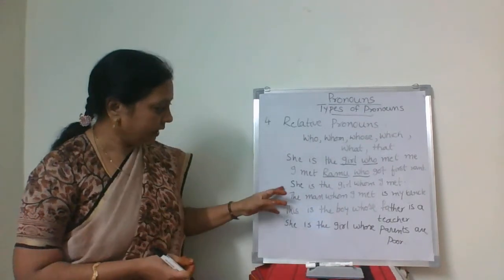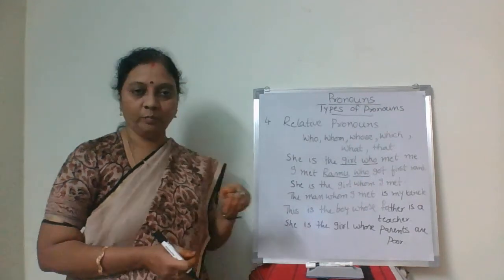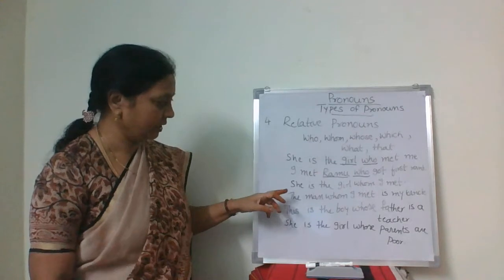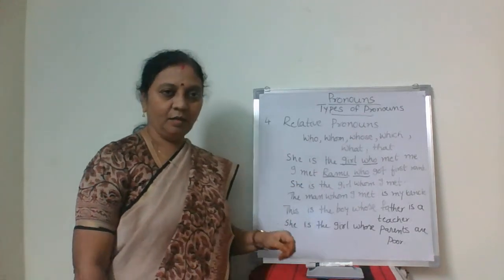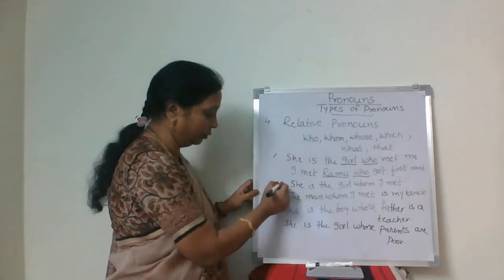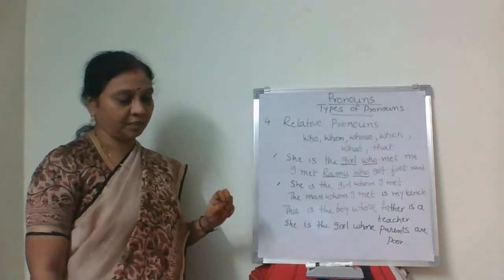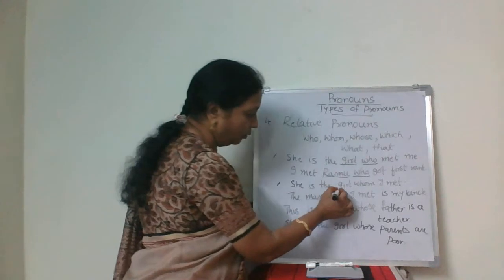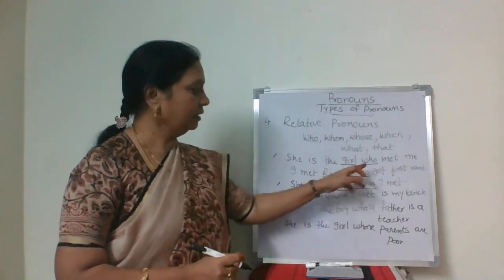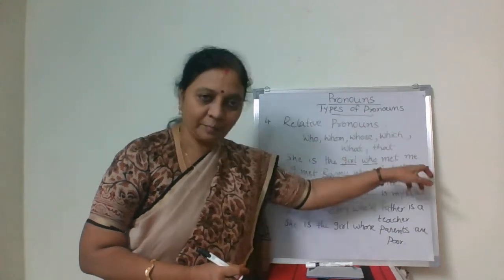Now whom. Whom we always use in the objective form. She is the girl whom I met. See the difference between who and whom. That's why I've given the same sentence. She is the girl who met me means the girl met me.